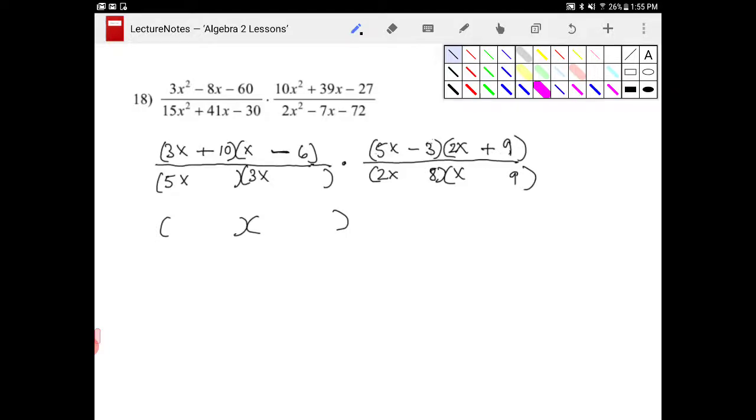It will be 9 and 8 like this, because 2 times 8 is 16. 16 minus 9 gets you 7. Okay, and this needs to be negative and this needs to be plus.